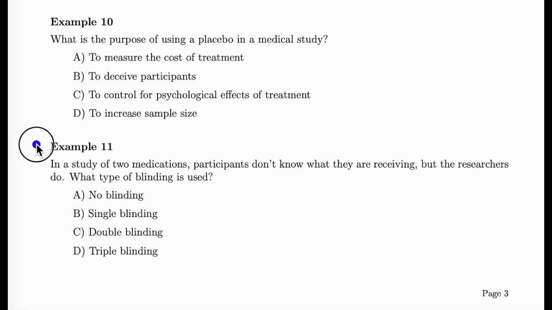Okay, looking at example 11. In a study of 2 medications, participants don't know what they're receiving, but the researchers do. What kind of blinding is being used? This is definitely going to be single blinding. If the researchers know who's in what group, but only the participants don't know, then that's single blinding.